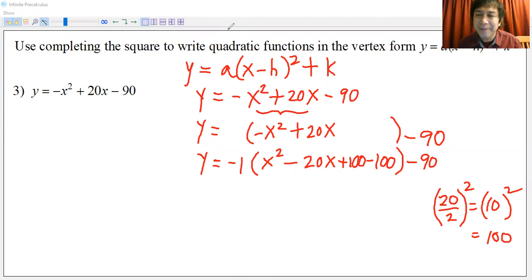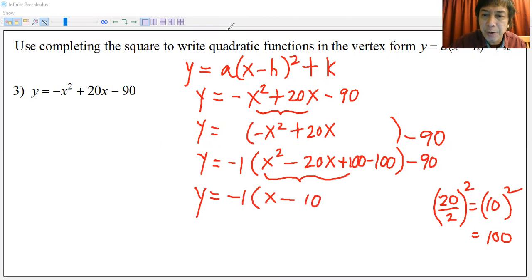All right, so at this point, this part here is now the perfect square trinomial. And so we have here y is equal to negative 1 times the quantity x minus 10 squared. Now, you should go back to the completing the square method if you have forgotten the steps already.